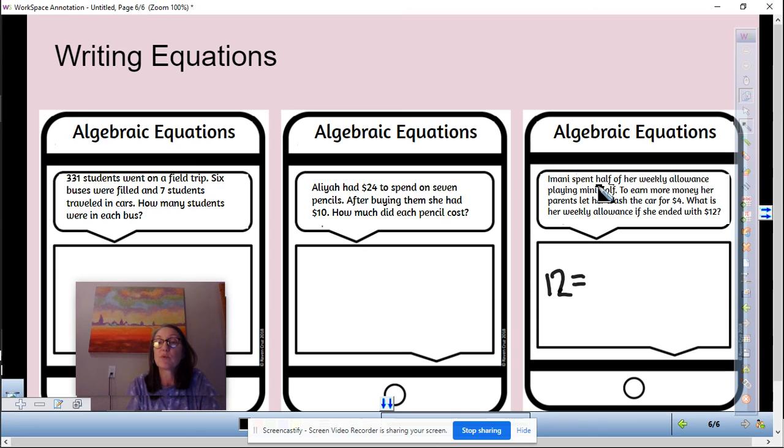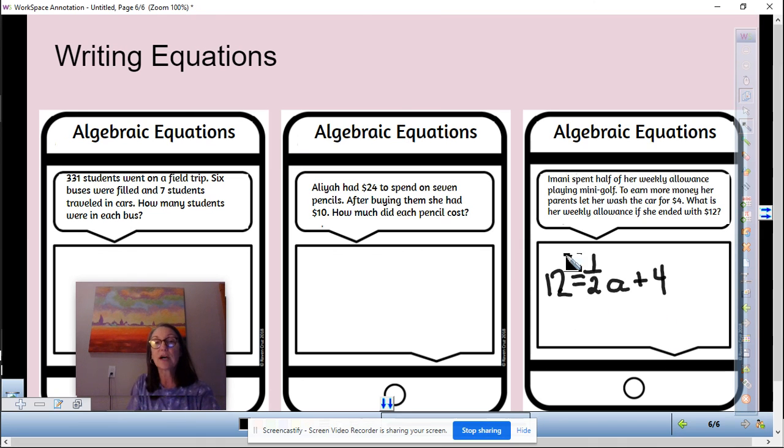Half of her allowance. Well, what is her weekly allowance? We don't know. Well, what do we write when we don't know in algebra? We write A. So if she had half of it to start with, we're going to do that. And then we're going to add in the $4 that her parents gave her for washing the car.